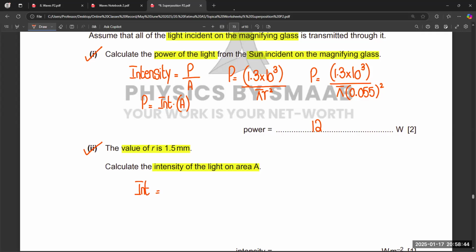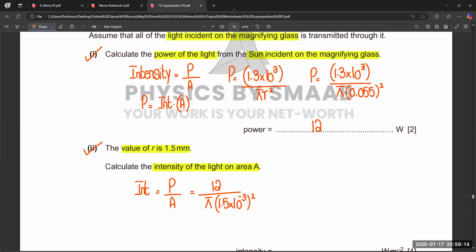Intensity is equal to power upon area, so the power is 12 divided by pi times 1.5 millimeter squared, like this.